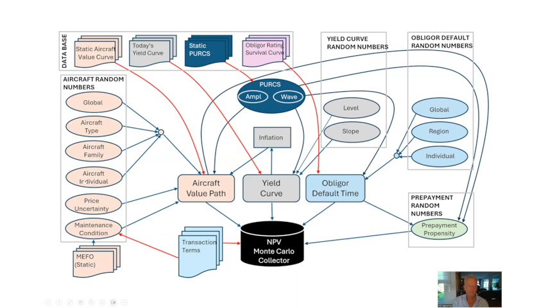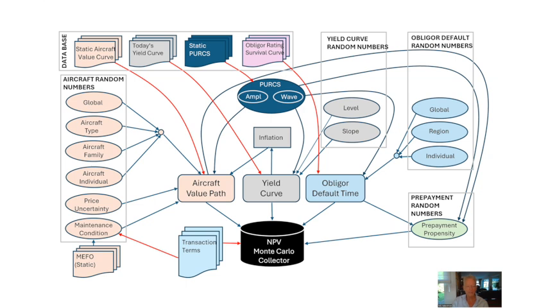And then a fourth random number that is individual and unique to a particular aircraft. These 4 random numbers are combined into a weighted random number that will affect the value path for each aircraft. So you can imagine that if most of the weight is on the global variable, it's the same random variable affecting every aircraft in the portfolio, and you can have very strong correlation.